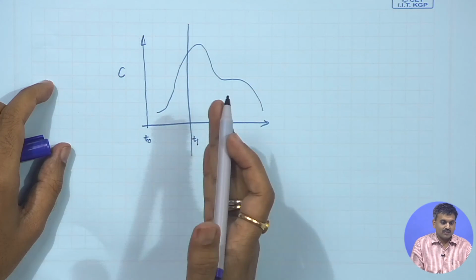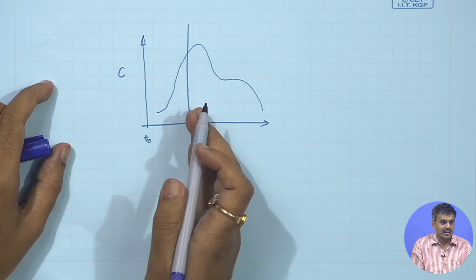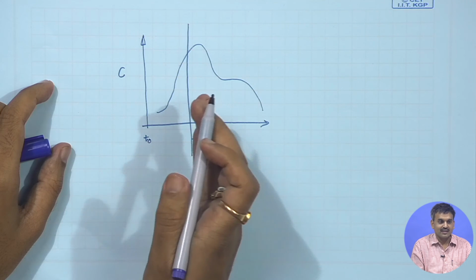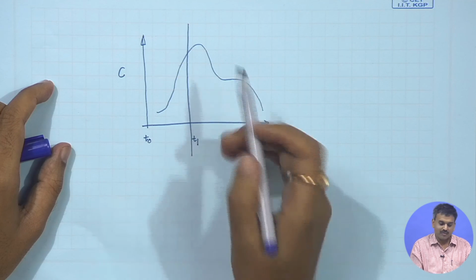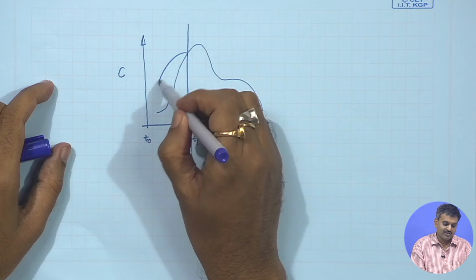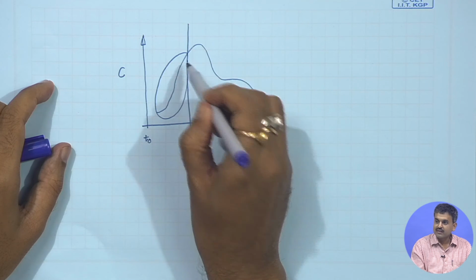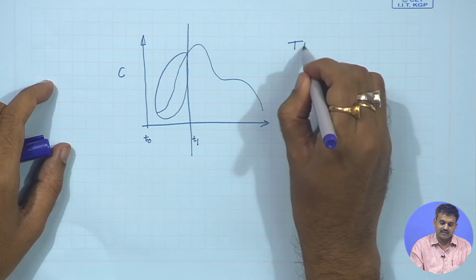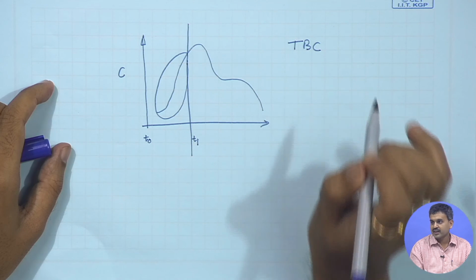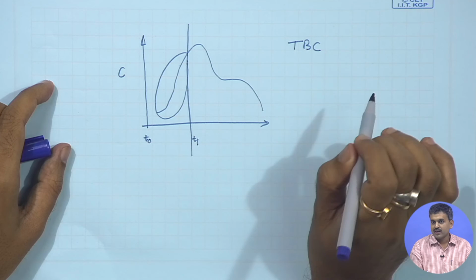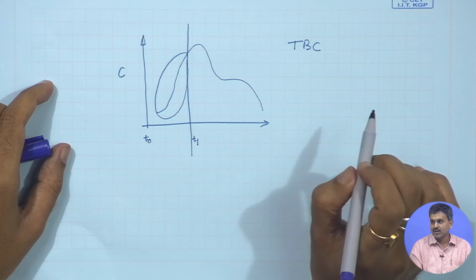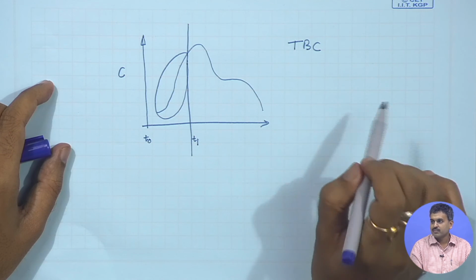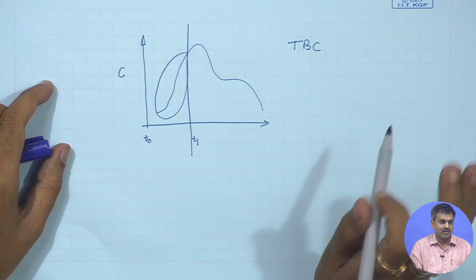You have started your monitoring after time T1, so you will not get any information about the earlier part. This is called TBC, or truncated breakthrough curve, and in source identification problems, the truncated breakthrough curve is the most common thing.